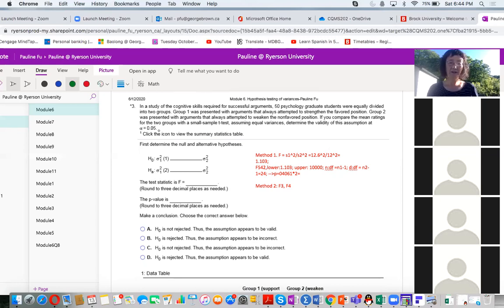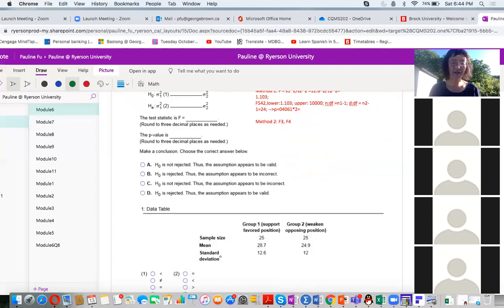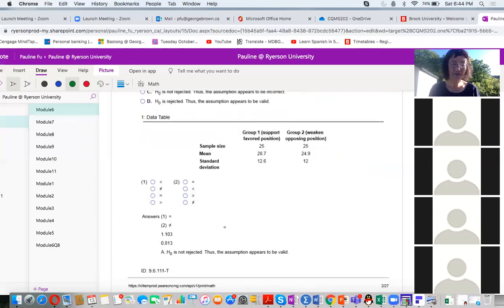Okay, and this one, you need the summary statistic. It is given. So summary statistic gives you S1 square, S2 square. But first let's determine the null and alternative hypothesis. Okay, so what you are testing? Summary statistic is here.